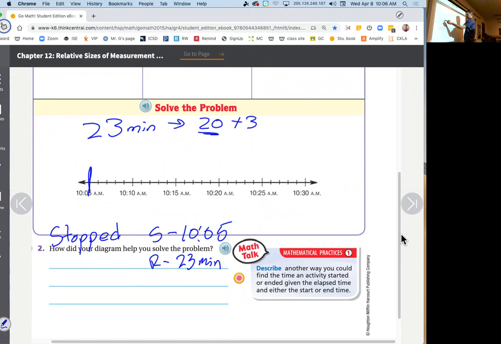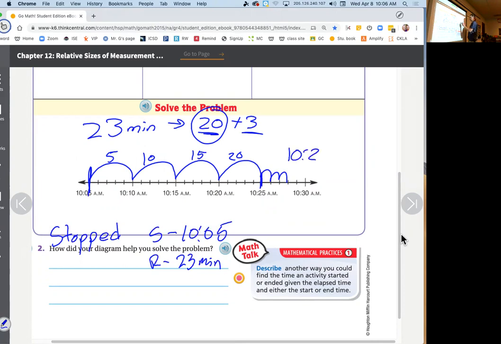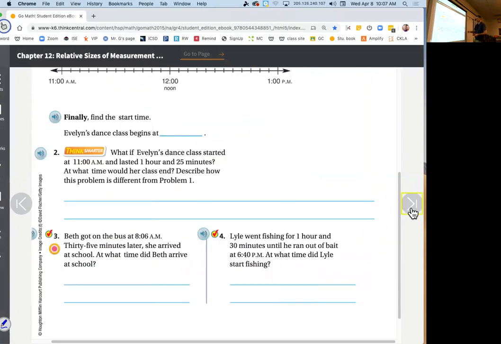So we're going to count by 5. 5, 10, 15, 20. So now we're at 10:25. Now we got to do our 3 minutes. So 1, 2, 3. 3 minutes later, we've got 10:28. So he stopped riding his bike at 10:28.